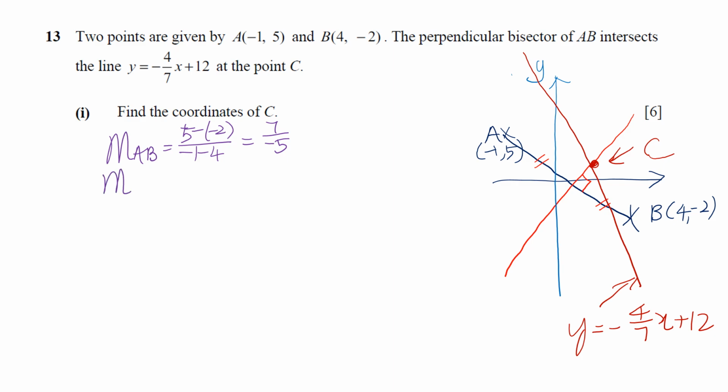So therefore, the gradient of the perpendicular bisector will be negative 1 divided by negative 7 over 5. Okay, that gives you 5 over 7. Alright, and I also need the midpoint of AB.